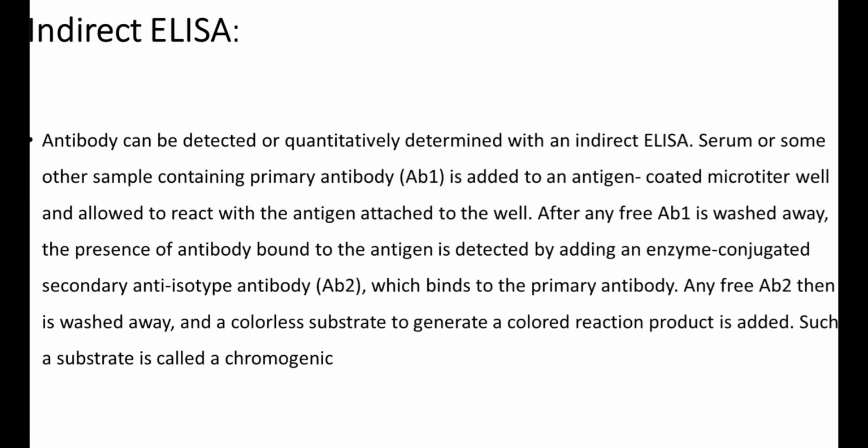And indirect ELISA looks like the direct ELISA, but for indirect ELISA, we use two antibodies. First, the serum of the patient is placed on the microplate, then we add the antibody which is not linked with the enzyme, and when the antigen is present in the patient, it forms the antigen antibody complex. Then after washing, we add the second antibody which is linked with the enzyme.